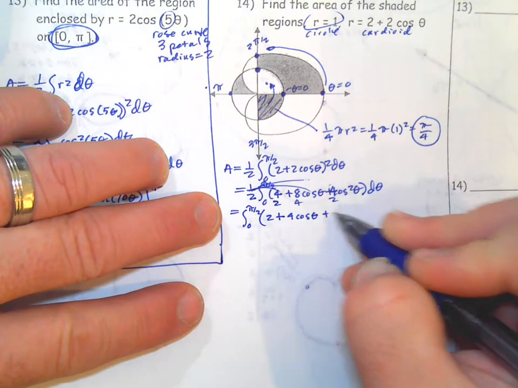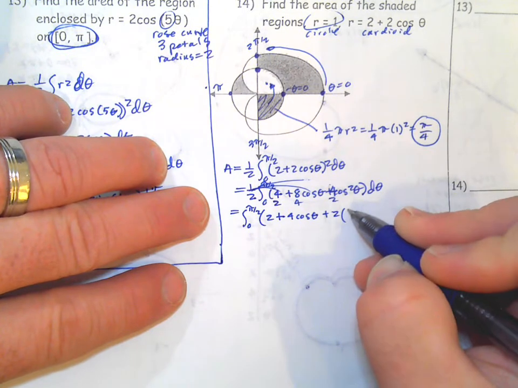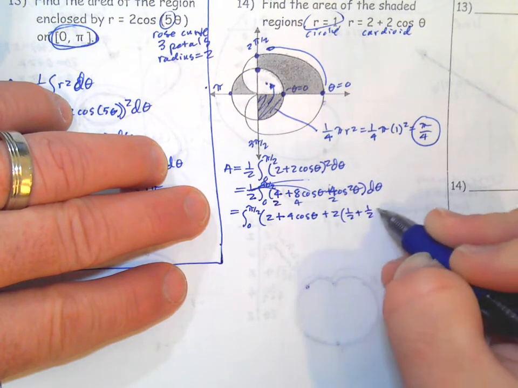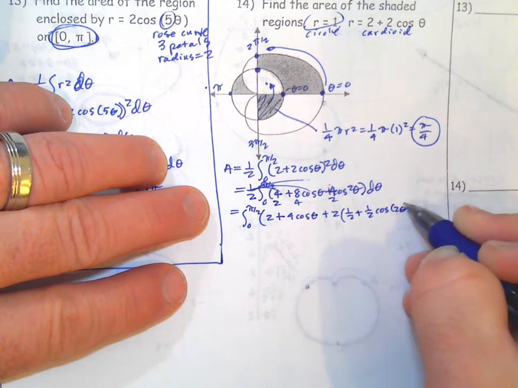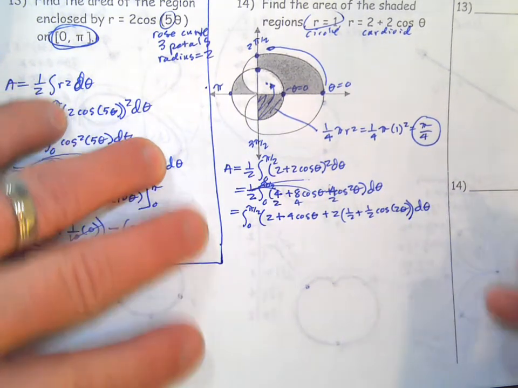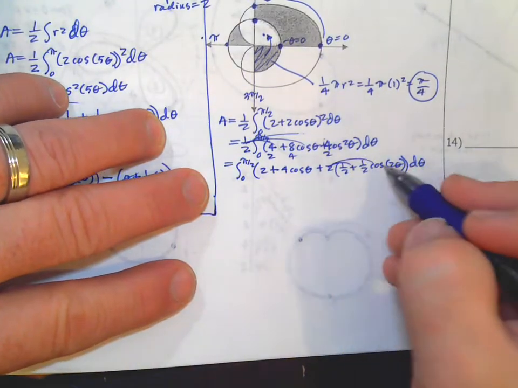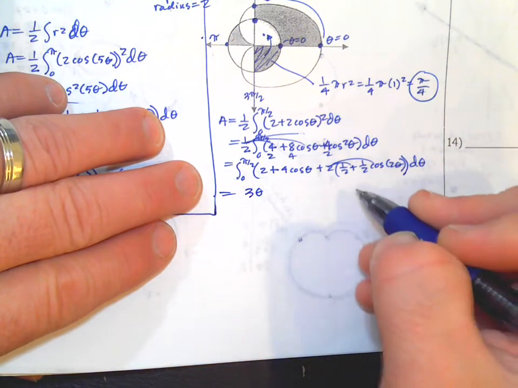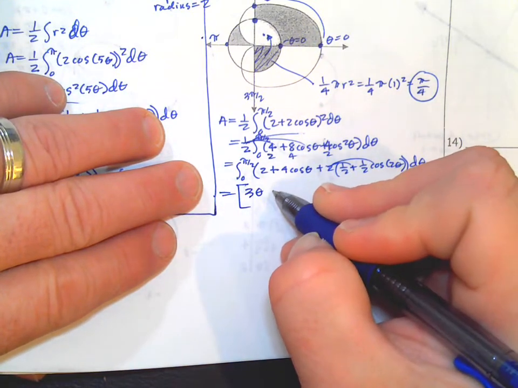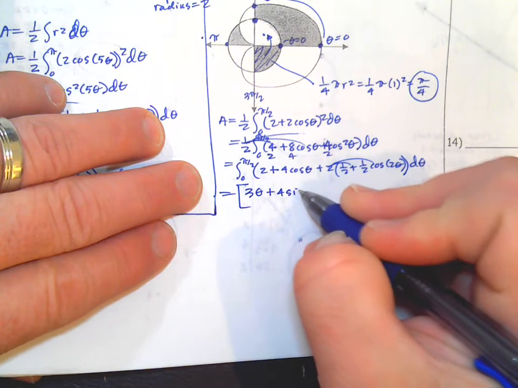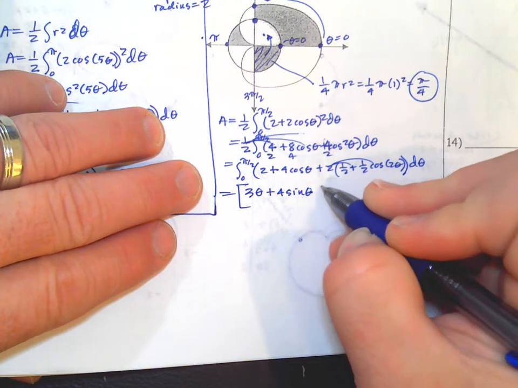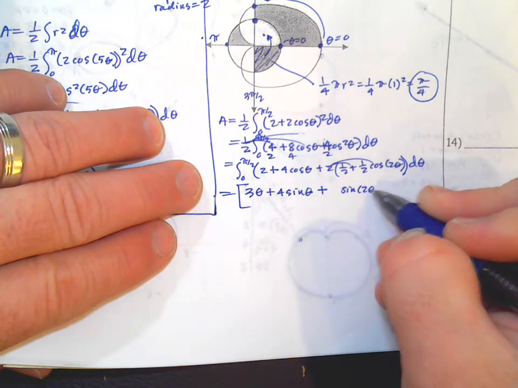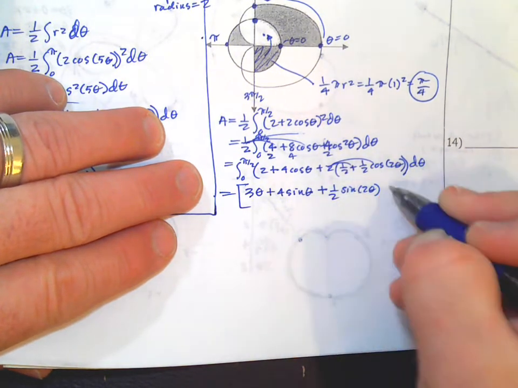But we need to use a trig identity here, so it's going to be 1/2 plus 1/2 cosine double angle. Bring the 2 in. So the antiderivative is going to be 3 theta plus 4 sine theta plus sine of 2 theta. It's going to give an extra 2 that we don't want, so you need a 1/2 here.